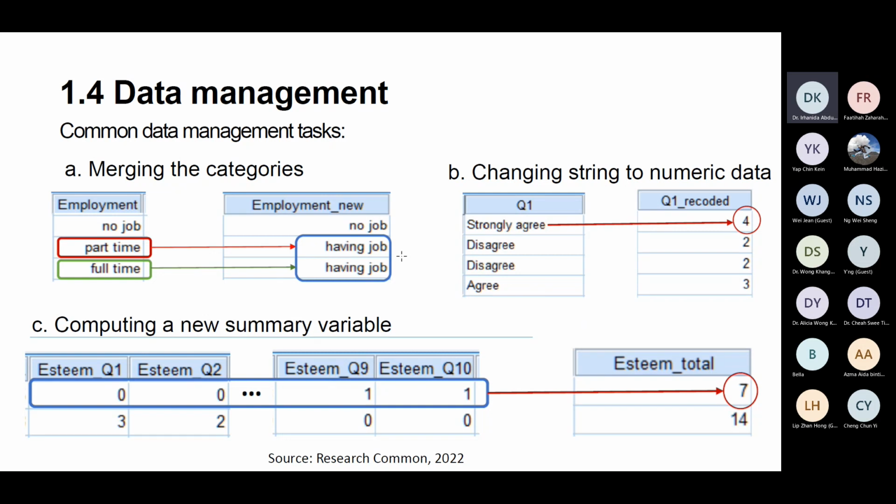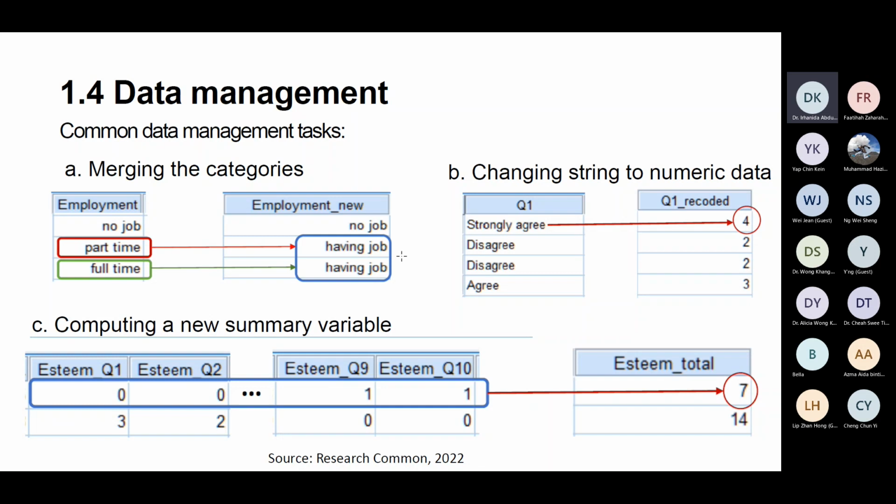You feel that by merging the category, your result will be cleaner and more representable. We can do that in SPSS: part-time is equal to having job, full-time is also equal to having job. So in the new data, you will have no job and having job. That is the first common data management task.